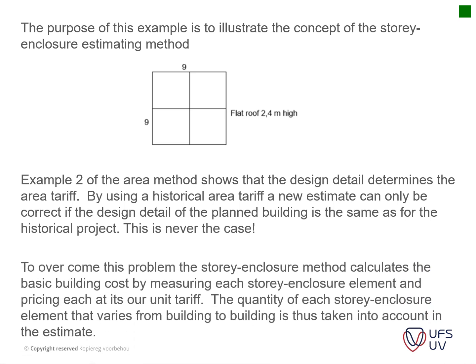So to overcome the problem, the storey enclosure method calculates the basic building cost by measuring each storey enclosure element and pricing each at its own unit tariff. The quantity of each storey enclosure element that varies from building to building is thus taken into account in the estimate.